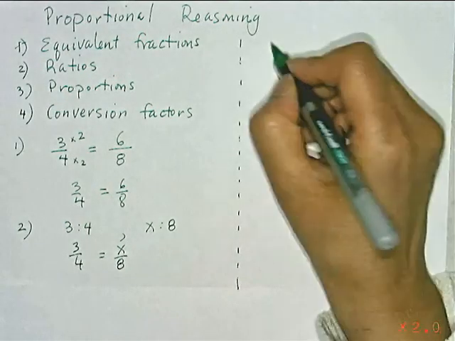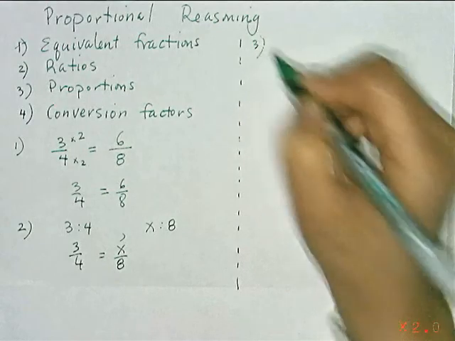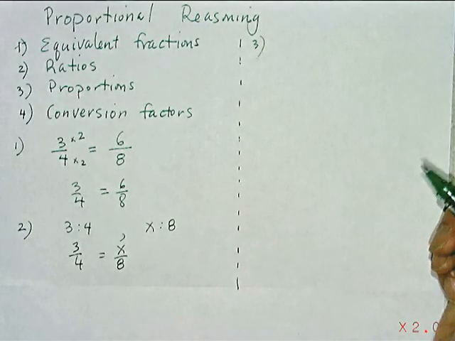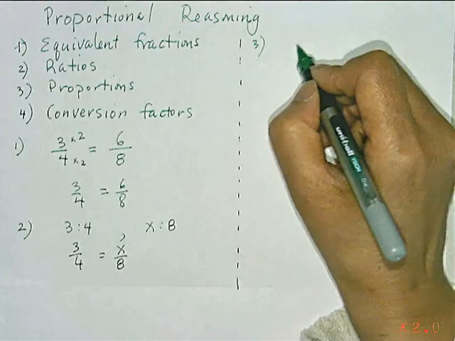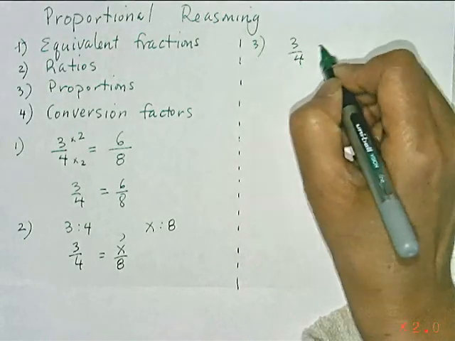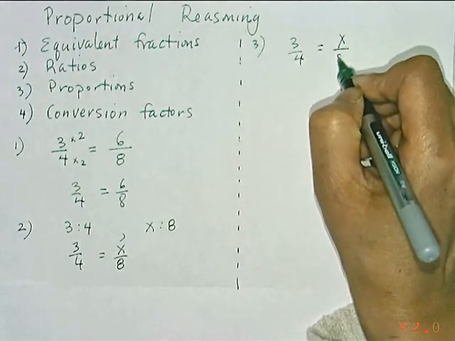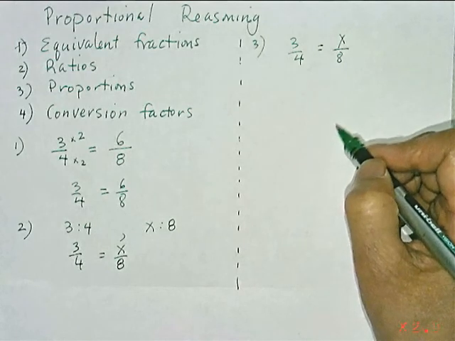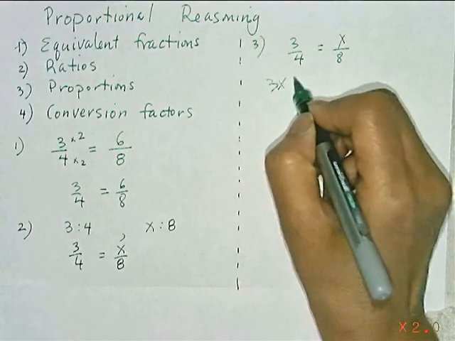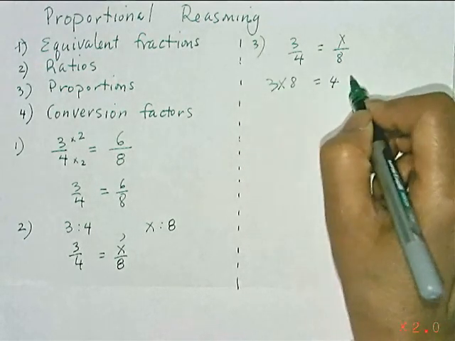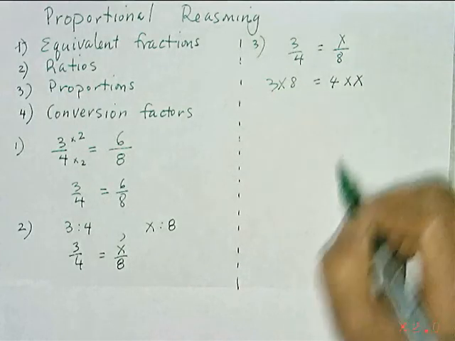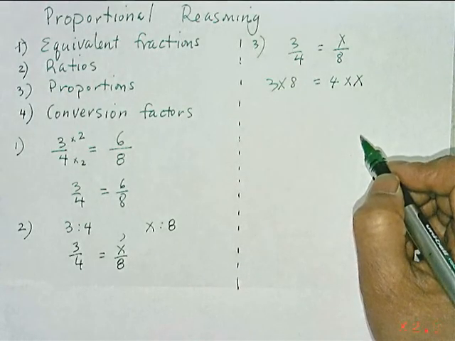The third time you used it was using proportions forming cross products. So we had 3 over 4 is the same as x over 8, and you learned that you could form the cross product 3 times 8 equals 4 times x, and then if you were to solve for x, you would divide both sides by 4.